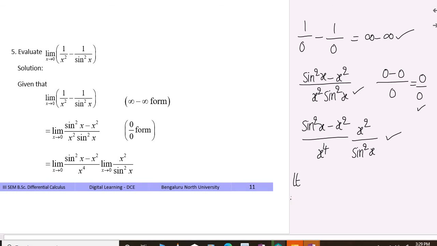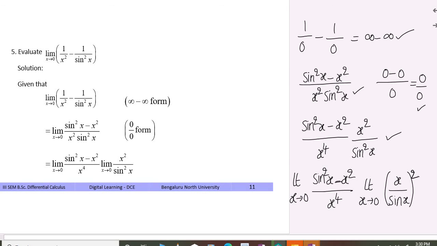After completion of changing the form, apply the limit separately. Sine square x minus x square divided by x power 4. Here we can write x square by sine square x as x by sine x whole square.